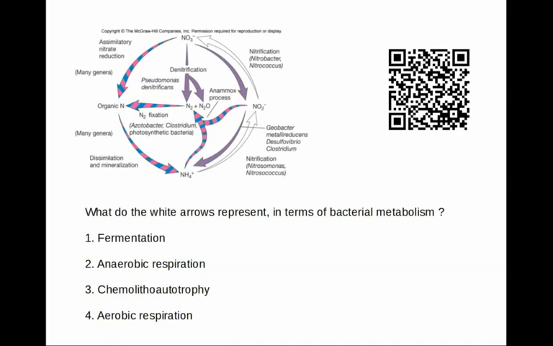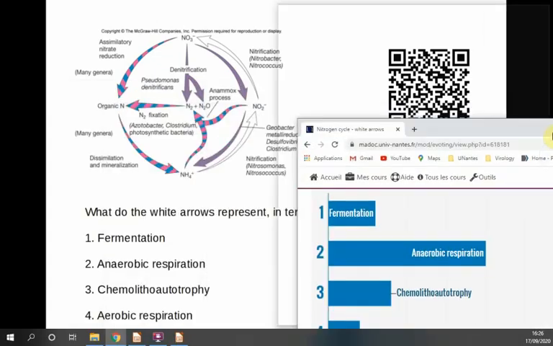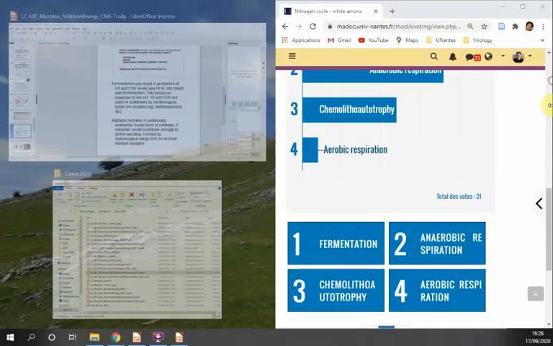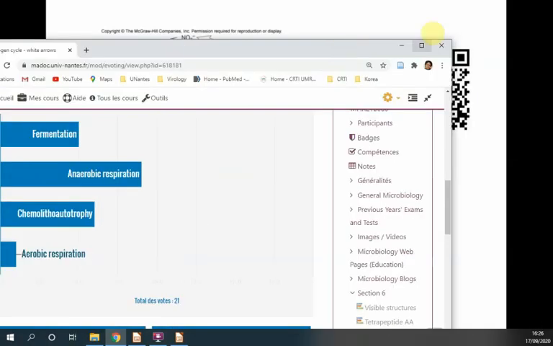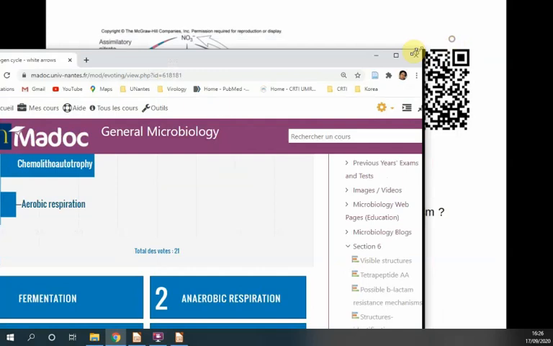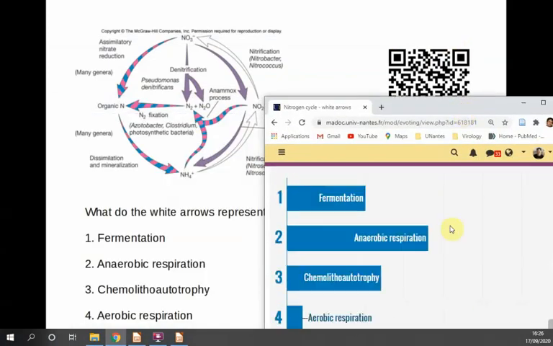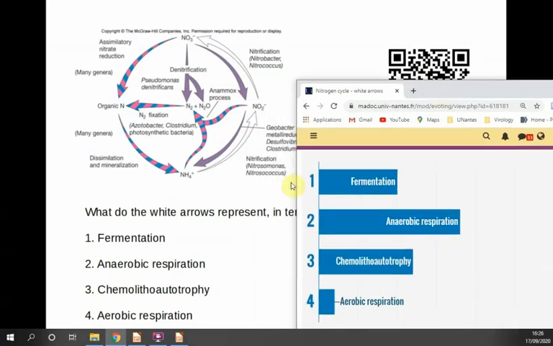Okay, let's have a look. So here's what you say. If I reduce the size of this window, I make it smaller. That's what you're telling me.